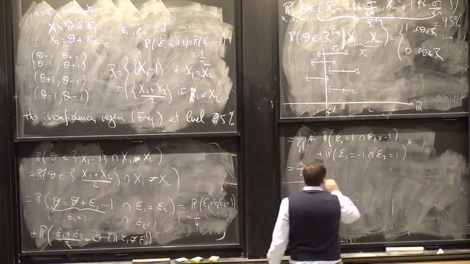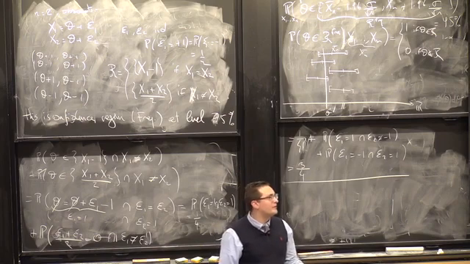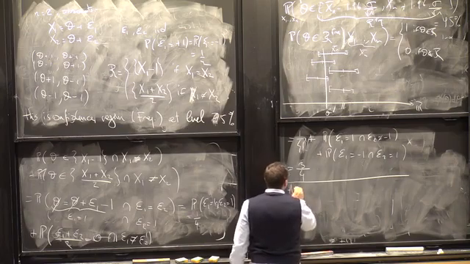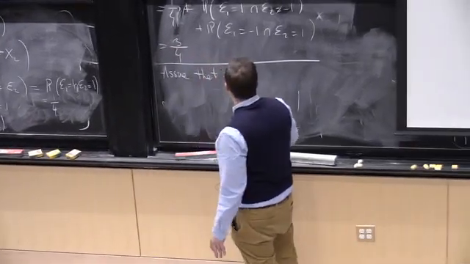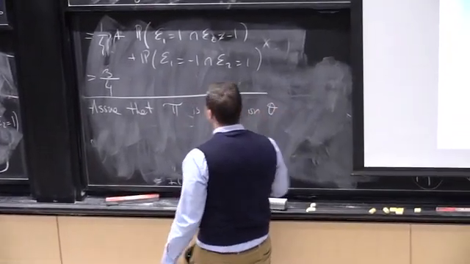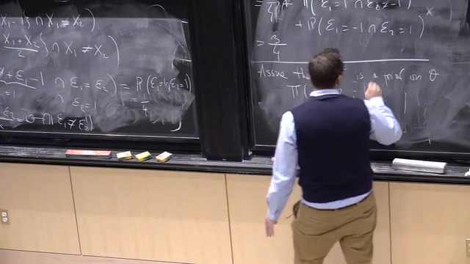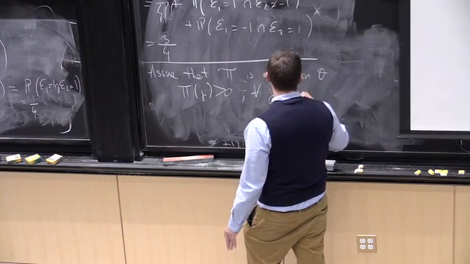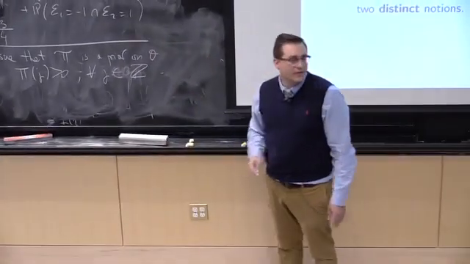So if I want to build a Bayesian confidence region, I'm going to have to put a prior on theta. So, without loss of generality, let's assume that pi is a prior on theta, and let's assume that pi of j is strictly positive for all j in the integers, positive or negative.